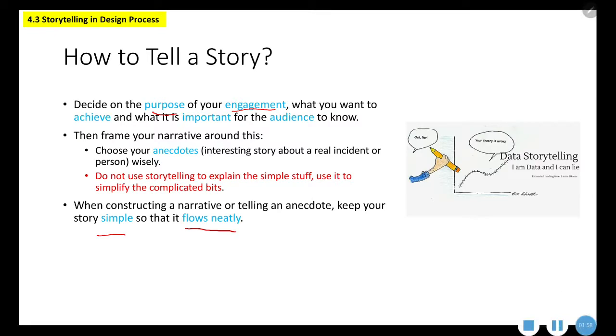Then you're going to learn how to write the story, by identifying the important information that we need to supply in the data storytelling.